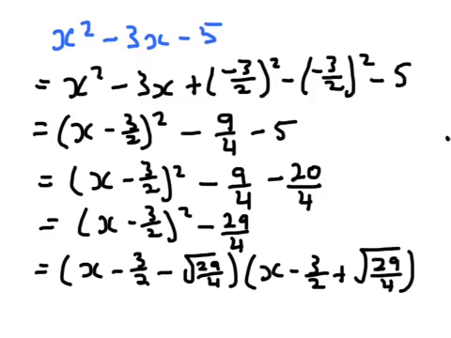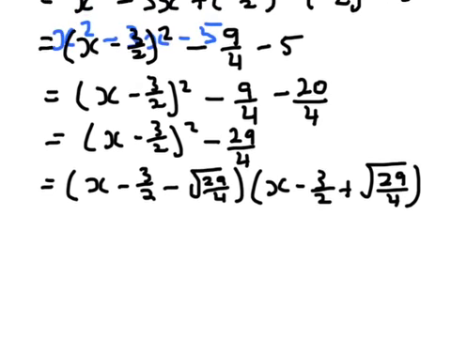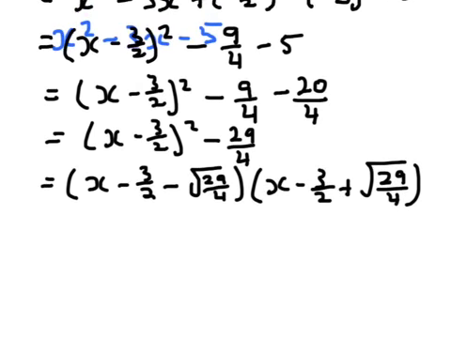Now the only thing I might want to do there, in fact should do really, is deal with this square root of 29 on 4, because you will remember, I hope, the laws of surds tell us that this can be rewritten as the square root of 29 over the square root of 4, but we know the square root of 4 is just 2.